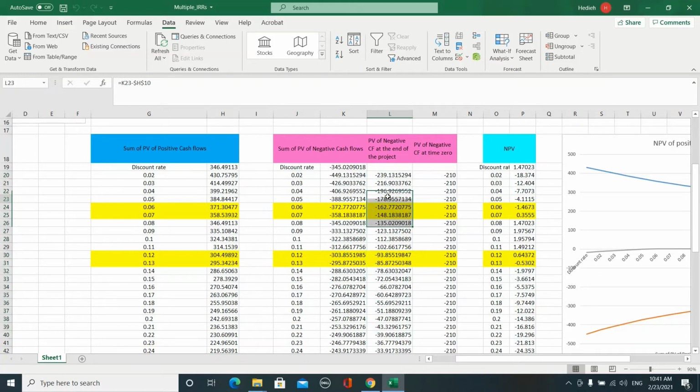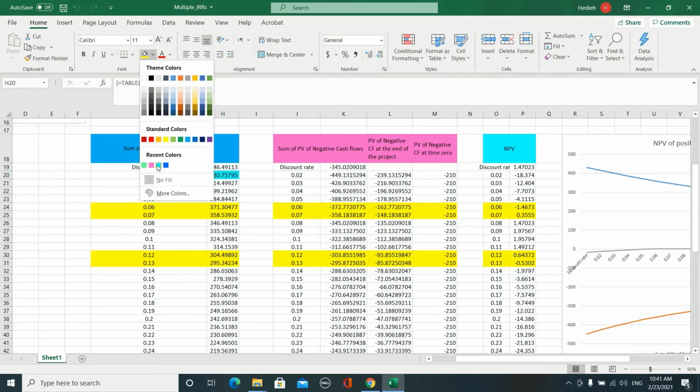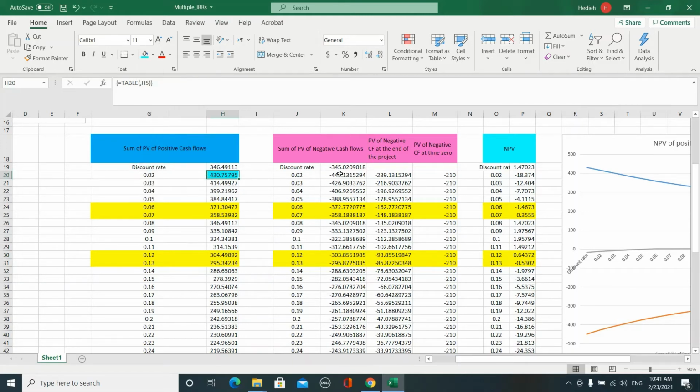Okay, so let's look. We start from an arbitrary interest rate of 2%. When we use this interest rate to find the present value of positive cash flows and then to find the present value of negative cash flows, we observe that the present value of your positive cash flows is smaller than the present value of your negative cash flows.